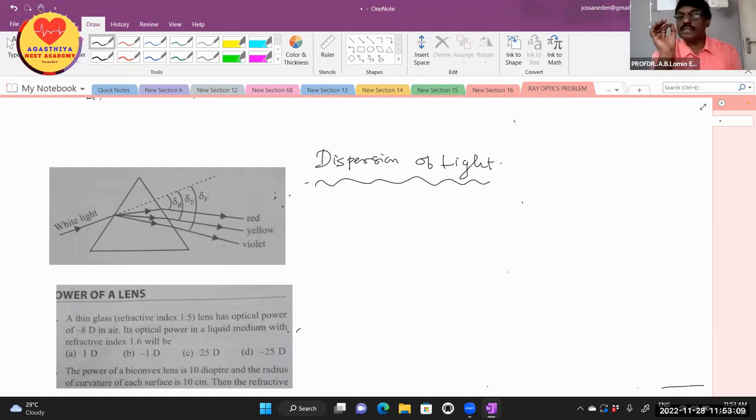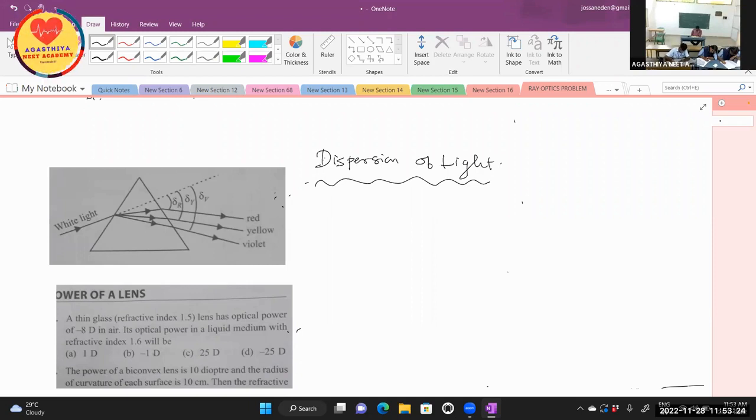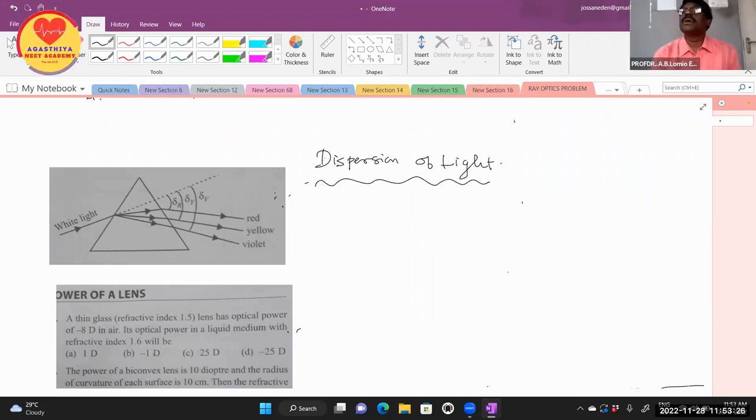What is known as dispersion of light? It is a phenomenon of splitting of white light into the constituent colors. White light is split up into constituent colors. That is called dispersion of light.